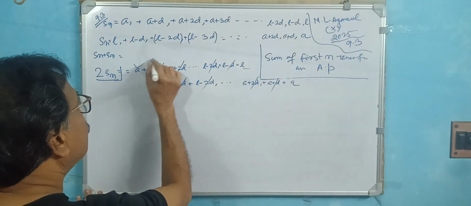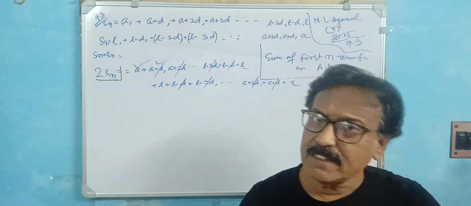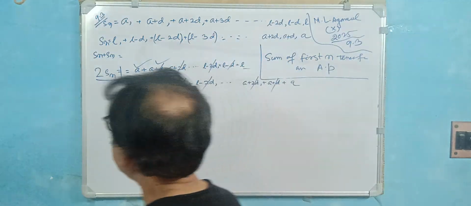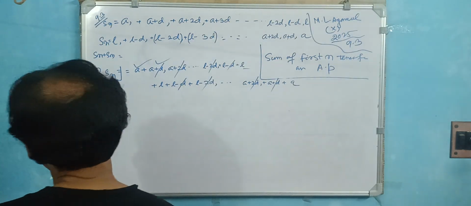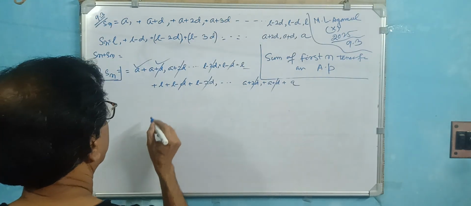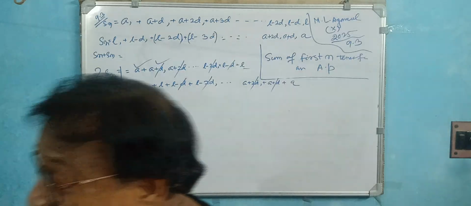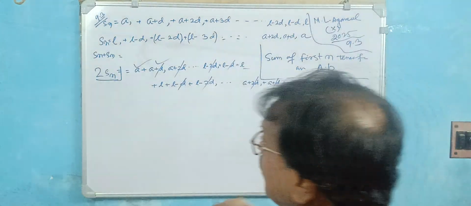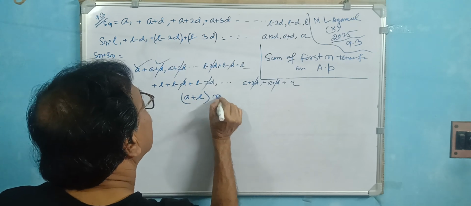Ultimately you get A and L. All the D is cancelled. So ultimately you get A plus L, and this is n times.